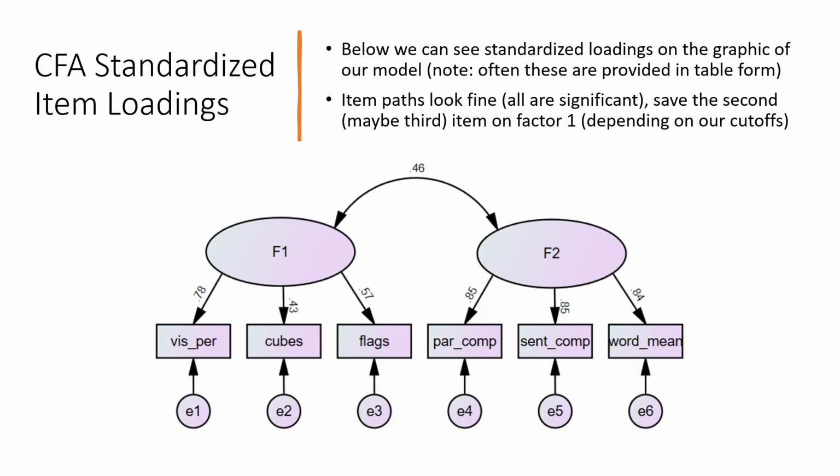Now, again, all of these paths can be treated as correlations. So the correlation between visual perception and factor one is 0.78 to some degree. This is kind of handy because you can also look at the variance explained. The variance explained in visual perception that comes from factor one is 0.78 squared, that R squared value. In this case, 0.78 squared is about 61%, give or take. So about 61% of the response in visual perception is due to that underlying factor.